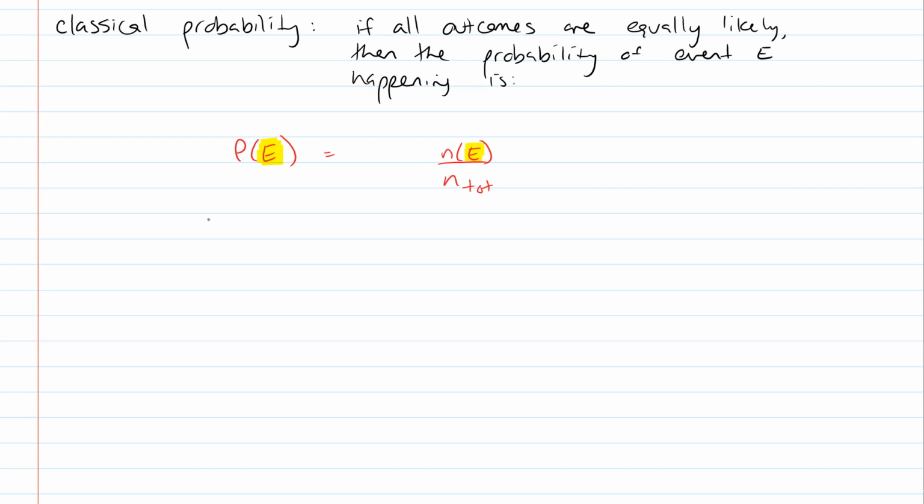So let's write a couple of notes down. P of E then is the probability of E happening.